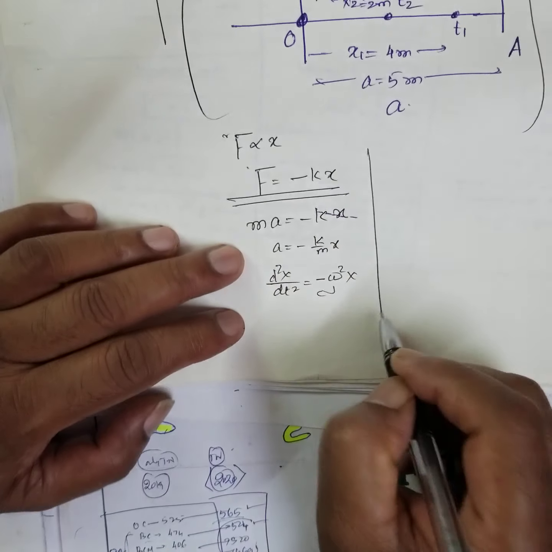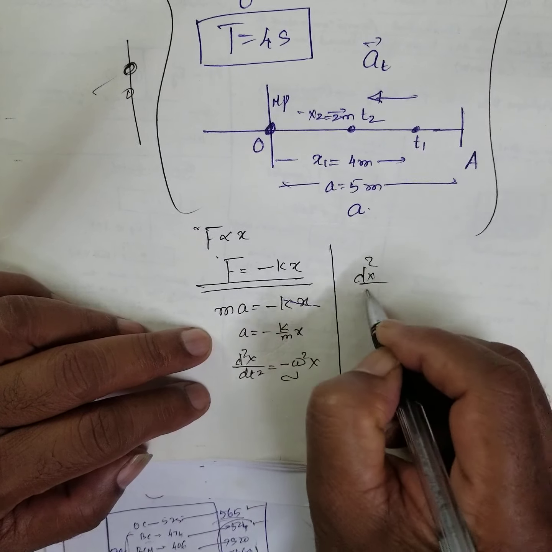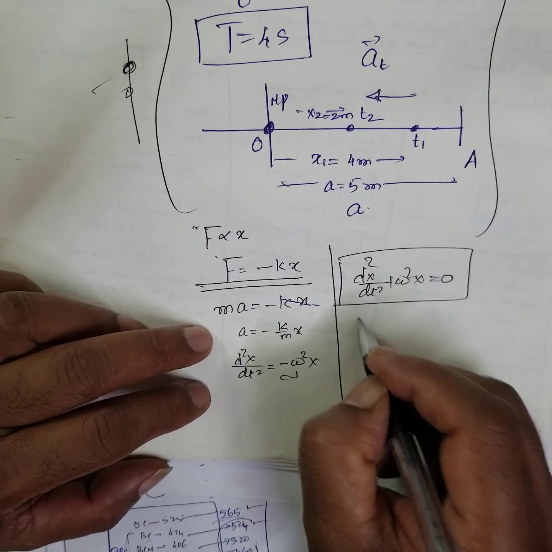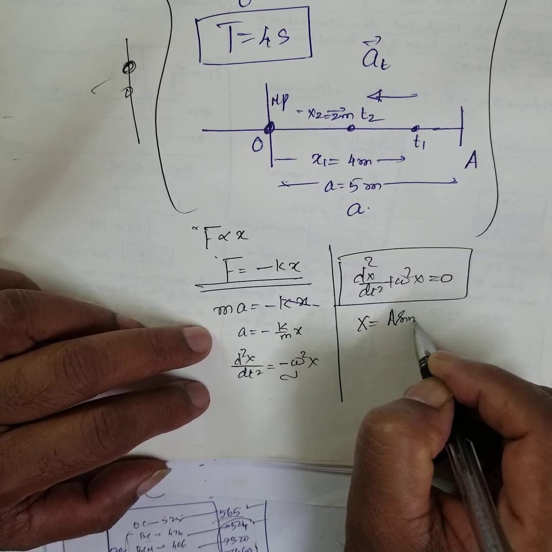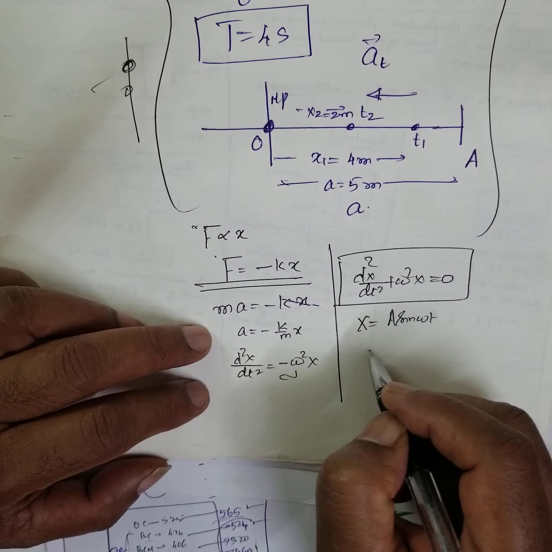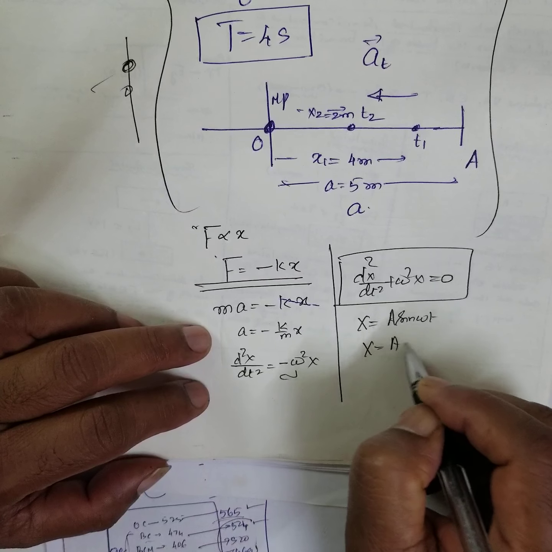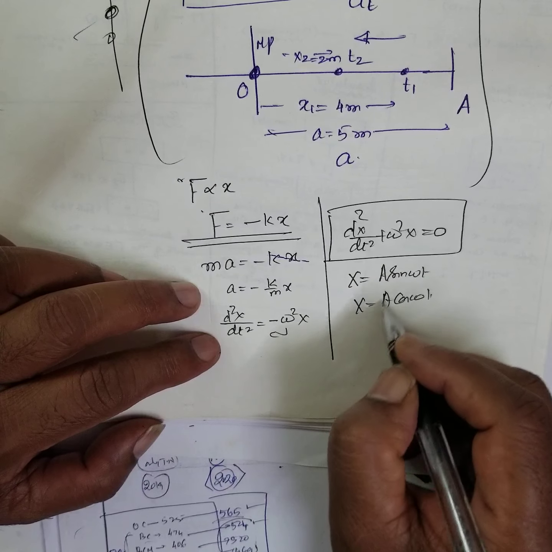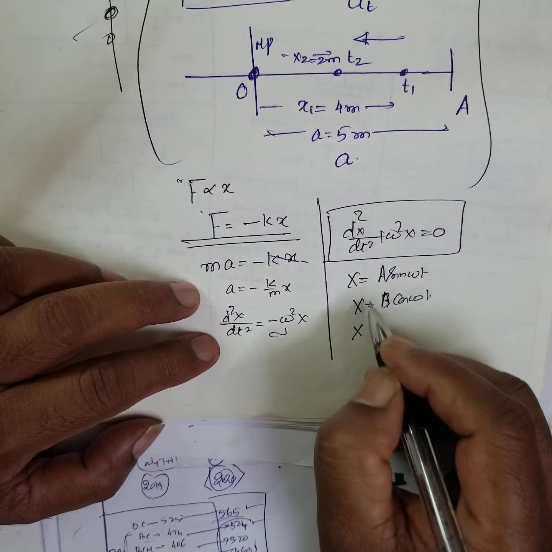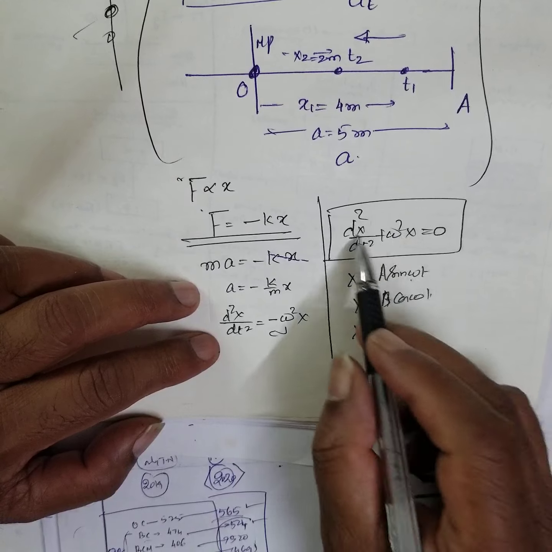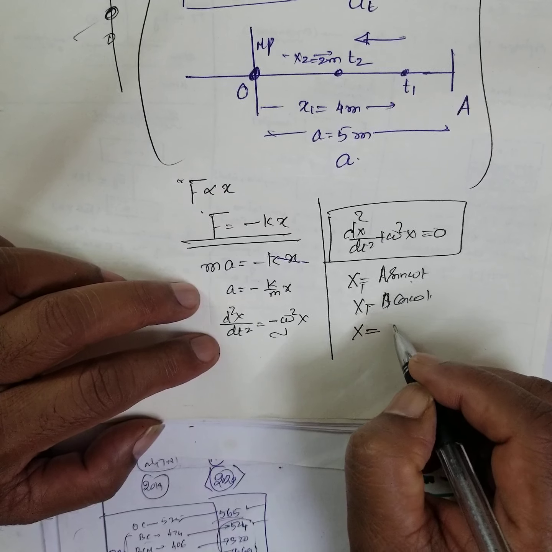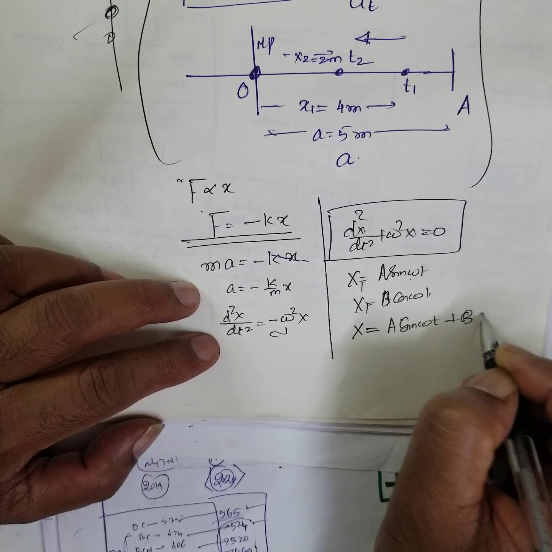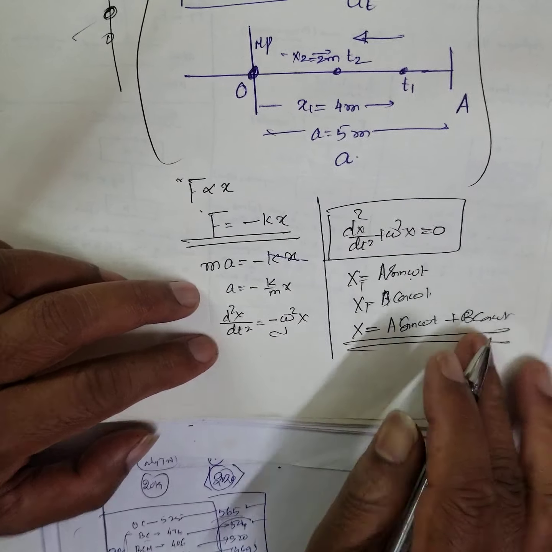This is a simple harmonic motion. d square x by dt square plus omega square x equal to 0. We have done. The solution is what? x is equal to A sin omega t is the solution. x is also equal to A cos omega t, or B cos omega t, anything. These are the possible solutions. If you substitute, you'll be getting it. Then x is also equal to a linear combination, A sin omega t plus B cos omega t. We have done this, is it not?